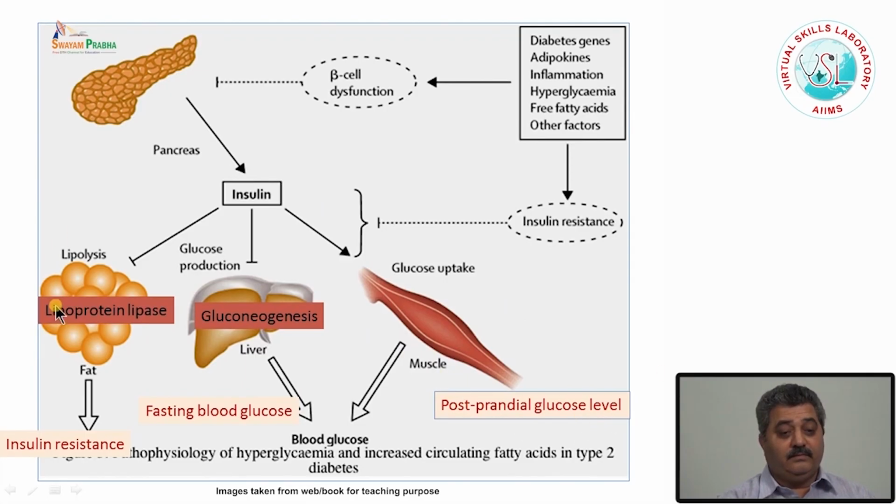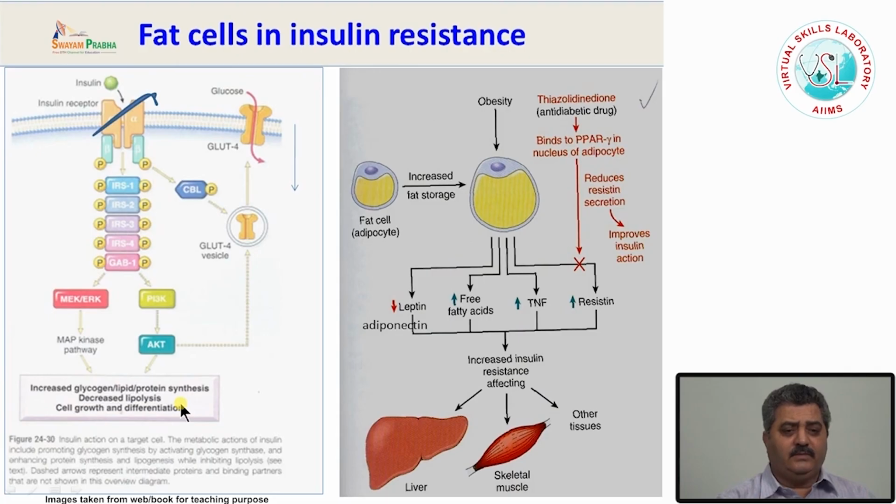In the fat, there may be lipolysis in the absence of insulin. Actually, insulin is the best anabolic hormone. So whenever there is deficiency of insulin, catabolism starts, and that ultimately leads to raised glucose levels in the blood. Now there may be some other factors which are involved.